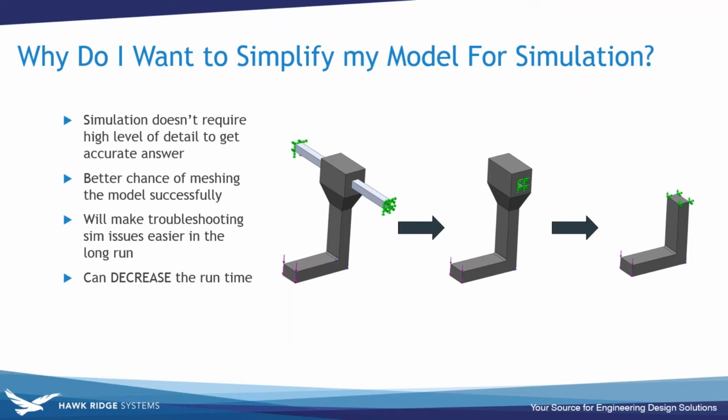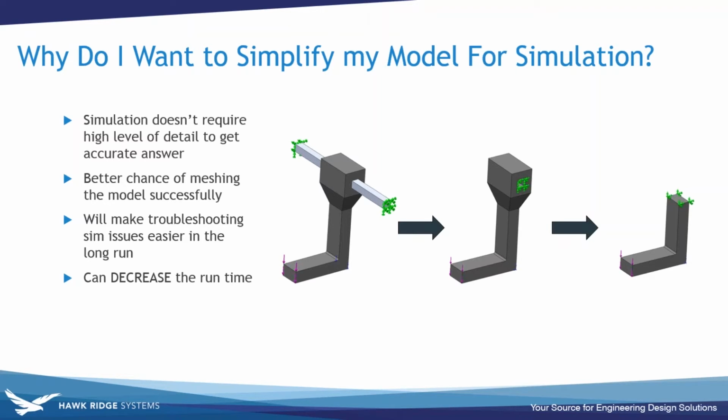So that being said, meshing your part or assembly on a simplified model eventually could decrease the runtime. And that's always an issue as well, right? We always want to get those accurate results, but we want it right now. So the more detail there is in your model, the more mesh elements there potentially are going to be, therefore the more calculation that needs to be run.